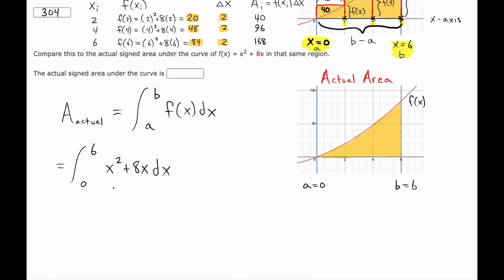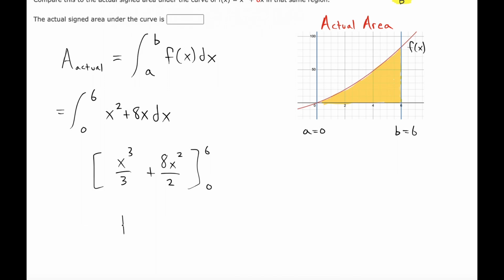We now need to find an antiderivative for x squared plus 8x. So the antiderivative of x squared would be x cubed over 3. The antiderivative of 8x will be 8x squared over 2. Move the limits from the left side to the right side. And then subtract big F of 6 minus big F of 0, where F stands for the antiderivative in the brackets.